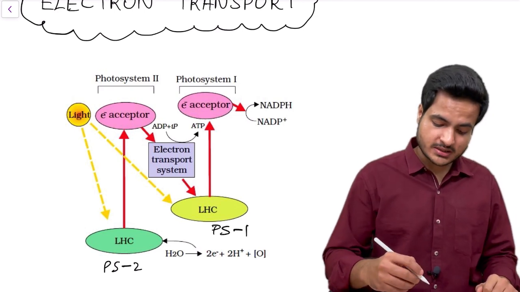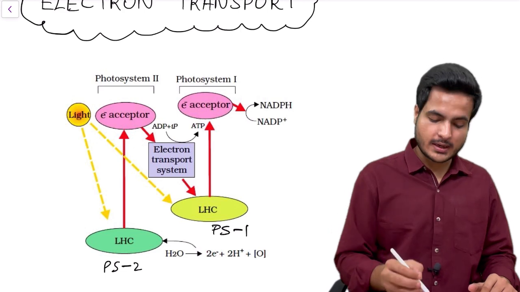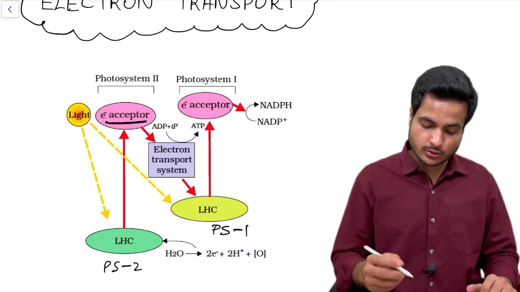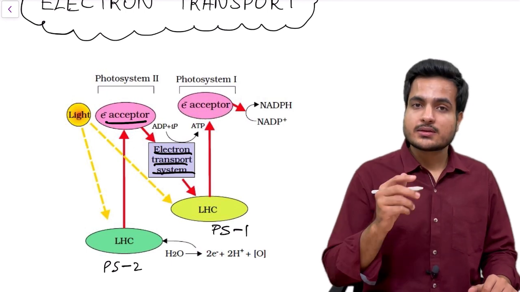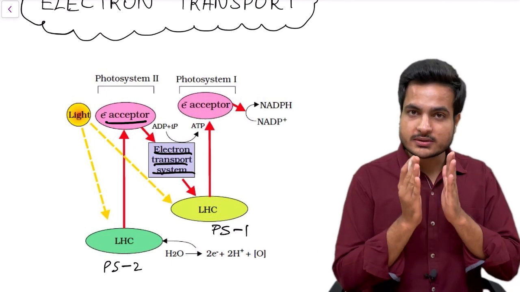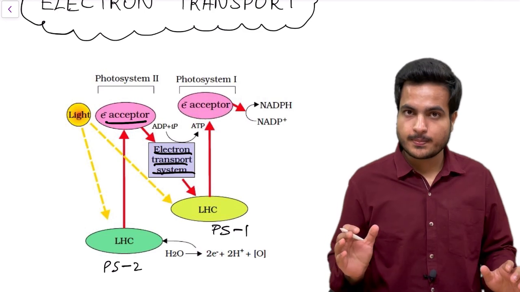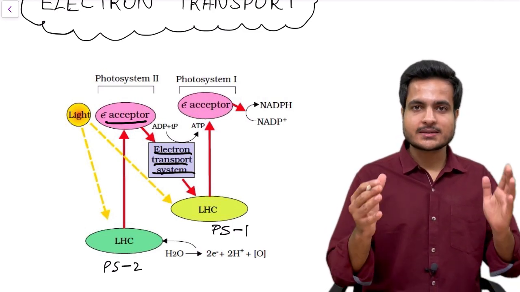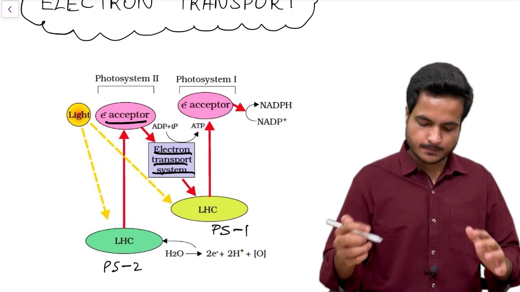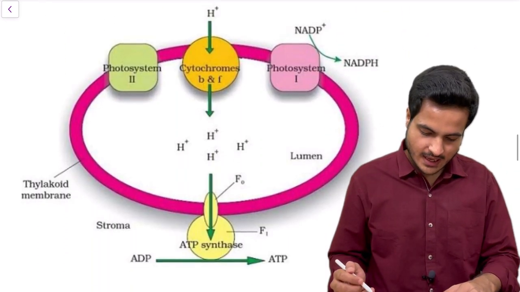When electrons pass from photosystem 2 to the electron acceptor, then move downhill through the electron transport system, during this journey the electrons move through cytochromes B and F, and they have a tendency of using H plus ions and electrons coupled together. Therefore, now let's see what is happening.